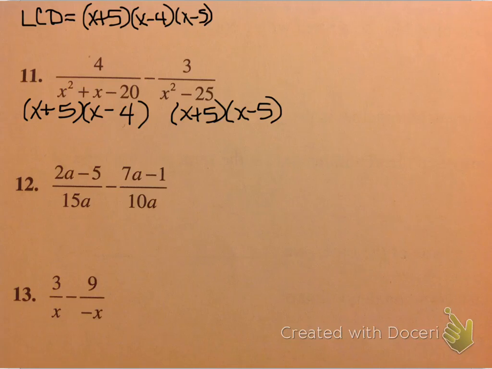So, what are we going to multiply each fraction by? The first fraction has the x plus 5, it has the x minus 4, it needs the x minus 5. And what does your second fraction need? It has the x plus 5, x minus 5. It needs the x minus 4.